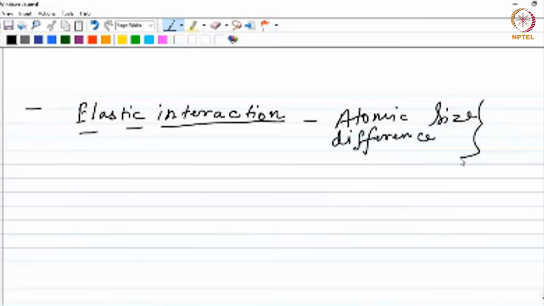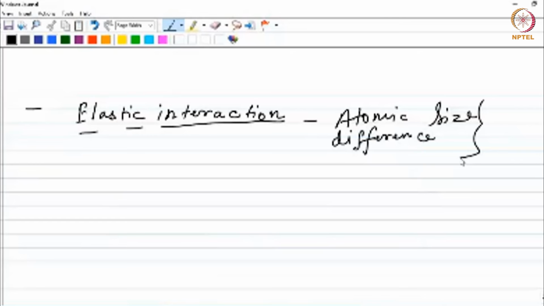Right? You know the Hume-Rothery rules, and there is a certain amount of difference in the size. Up to a maximum of 15% of difference can be accommodated as per the Hume-Rothery rules. We all know that. Right, so due to that size difference, it introduces some kind of strain into the lattice and that restricts the motion of the dislocations.